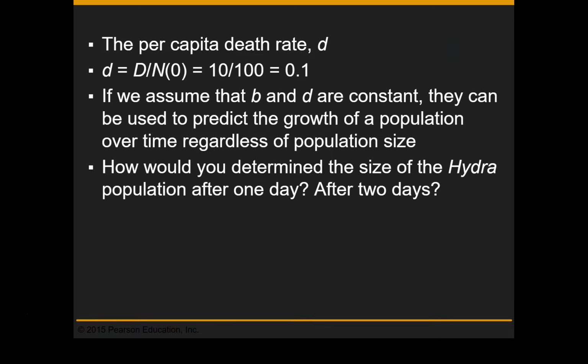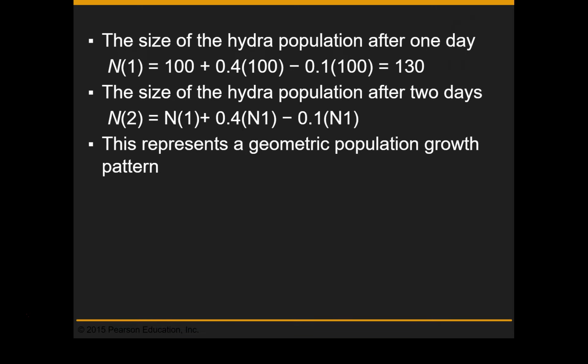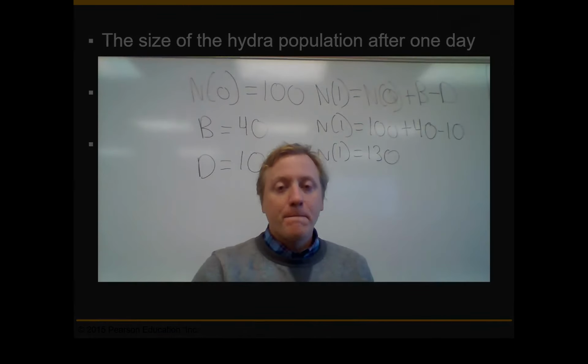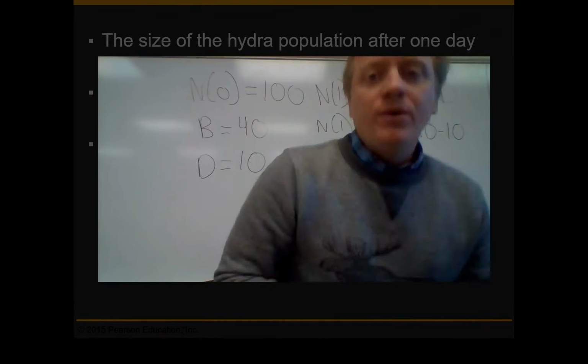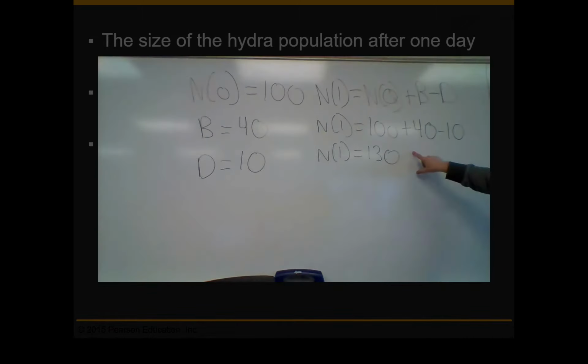So how would you determine the size of the hydra population after 1 day or after 2? We've already done it for 1 day. And you know what? I'm going to go back to the whiteboard here for a minute. I think that's wise. Okay. So we have our number for day 1, which is 130.